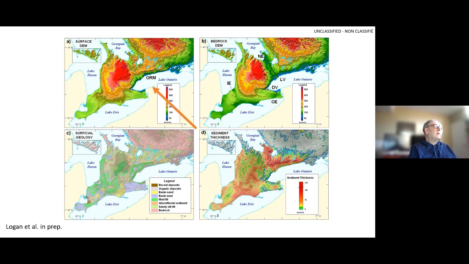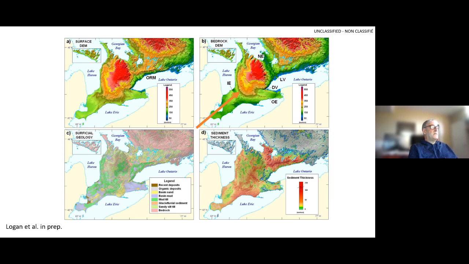Here is southern Ontario. I took that from Charles Logan and Dave Sharp, who gave me those figures. So that's the surface DEM. And then we pass to the bedrock surface DEM with various shapes and troughs.